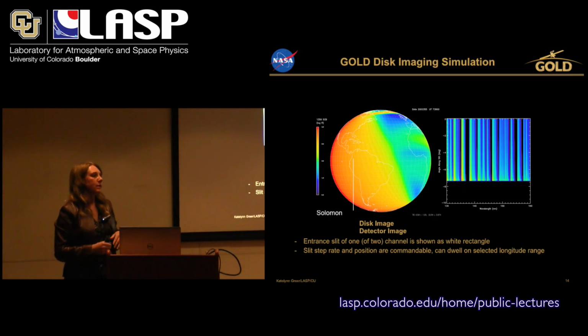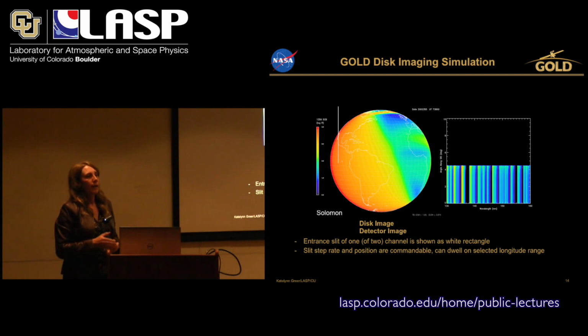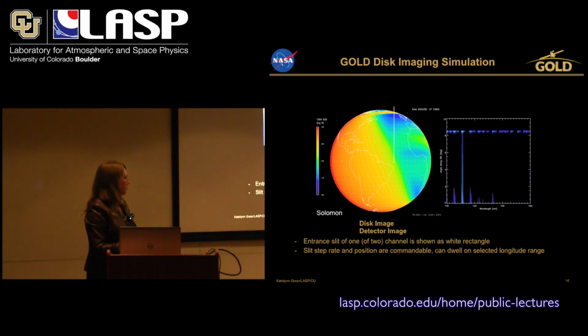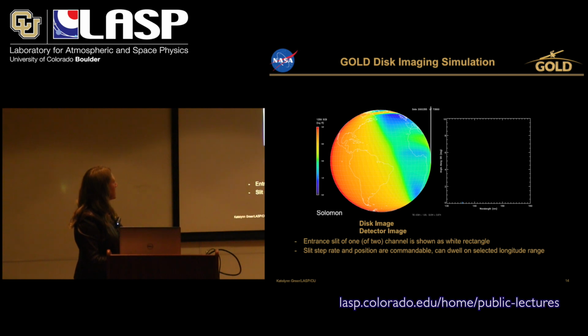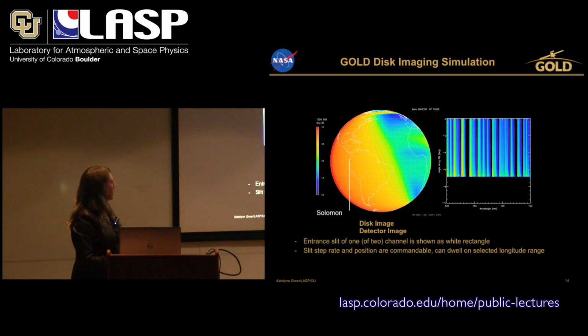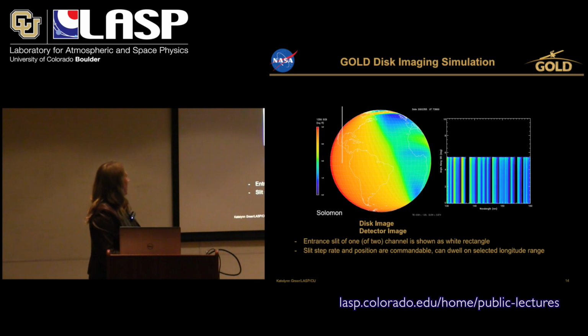So this means that if we see something of interest or something we want to study or do an experiment, we can actually tell it to just dwell in that one location or to scan small areas within that. On the right-hand side, this is trying to illustrate this image cube I was telling you about. So on the y-axis, we have what you can think of as latitude, and on the x-axis is wavelength. So this is the color information, the spectral information.